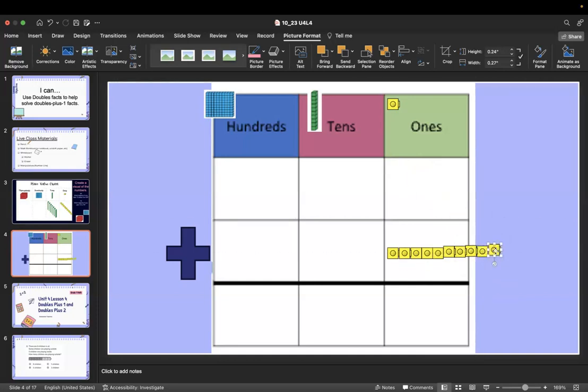Well, can the 10 stay in the ones? Well, what happens to the 10 stick? Where does it go?